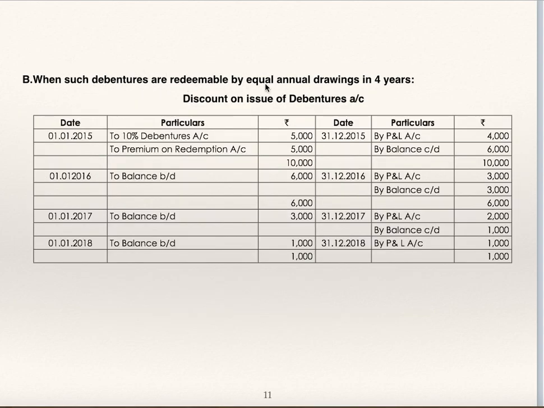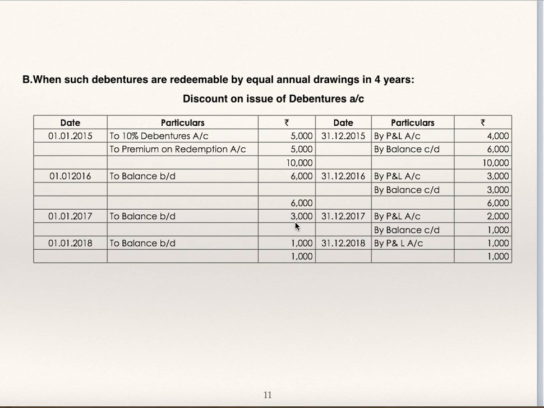When such debentures are redeemable by equal annual drawings in 4 years, the discount on issue of debentures account, or rather loss on issue of debentures account, is debited 10,000, to 10% debentures 5,000, to premium on redemption of debentures account 5,000, by profit and loss account 4,000, balance carried down 6,000. Second year beginning, same balance brought down, by profit and loss account 3,000, by balance carried down.